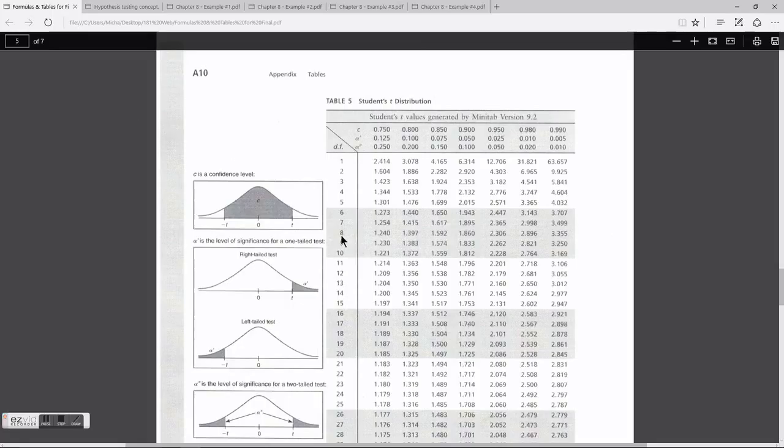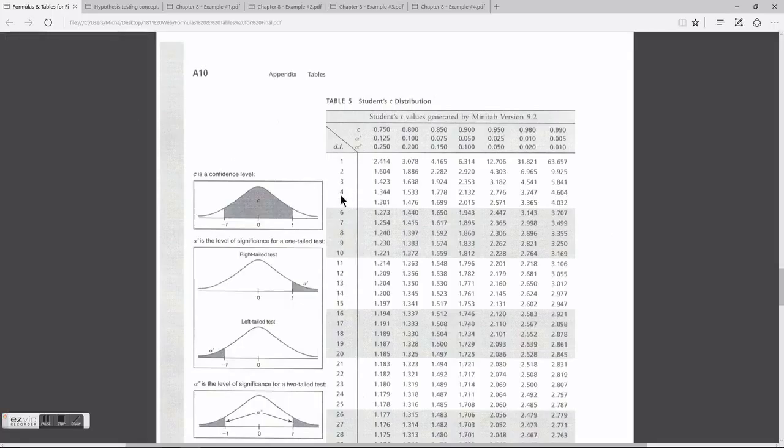Now on my student's t-table, I go directly to the degrees of freedom that I'm using, which is 4. And again, I'm going to go across this row and I'm going to look for the t-value that I calculated. Now, this table only lists positive t-values, but since the curve is symmetrical, it doesn't matter if I'm looking up a negative or a positive t-value. I can just look up the positive number.